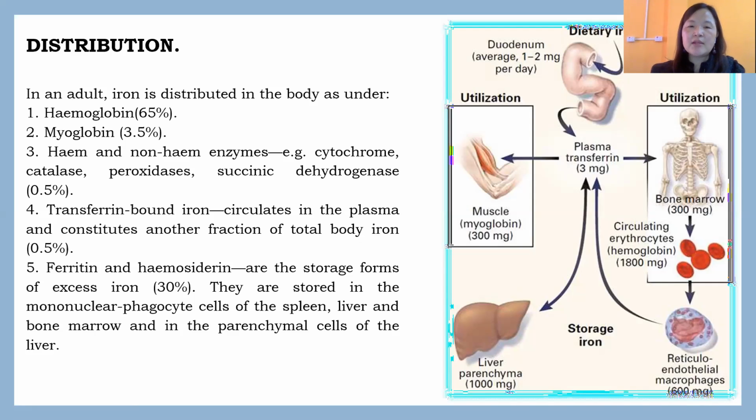Then heme and non-heme enzymes, such as cytochrome, catalase, and peroxidase, require iron and contain around 0.5% of iron. And then transferrin bound iron, which we call circulating iron. Transferrin is a glycoprotein which binds with iron and helps in the transportation of iron from one area to another. Transferrin bound iron consists of about 0.5% of the functional pool of iron.